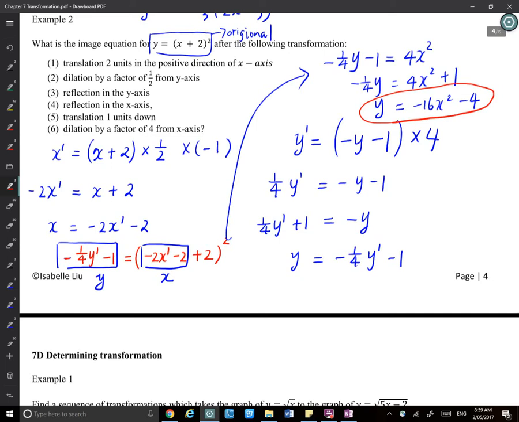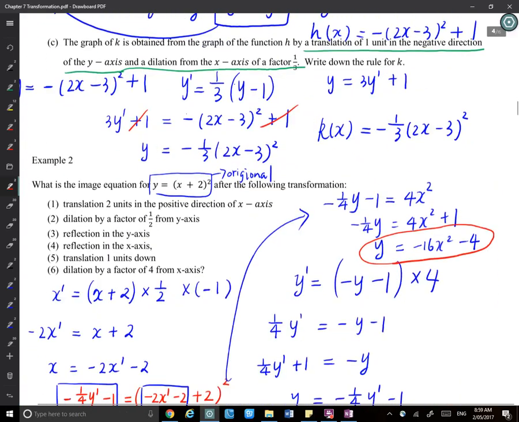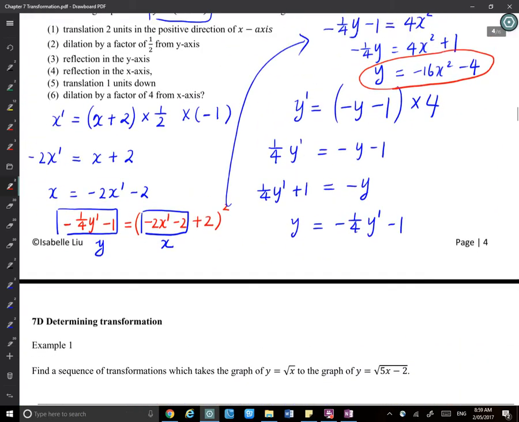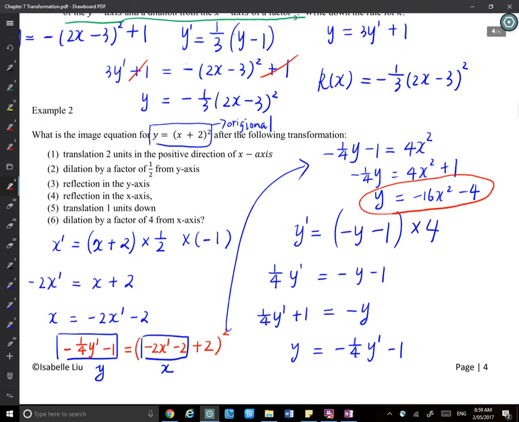Any questions so far? This whole page, 7C, is talking about type 1 questions. I give you a sequence of transformations and the original function, and I want to know the resultant function. The sequence of transformations happens in this order, so the calculation order is the same as your transformation order.